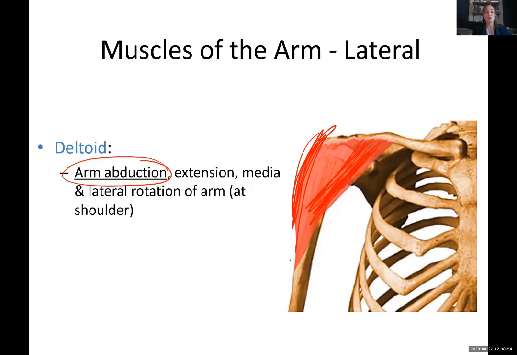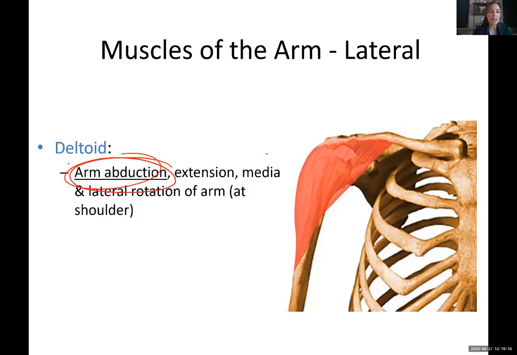So if you're to pull your arm straight out to the side, you'd have kind of an anterior band, a band kind of towards the midline, and then one towards the back. Because of those three sections, it does medial, that should be an L here, lateral rotation at the shoulder. So it depends on which section you're actually recruiting. So let's just make life easier and say it's the main one to abduct the arm.